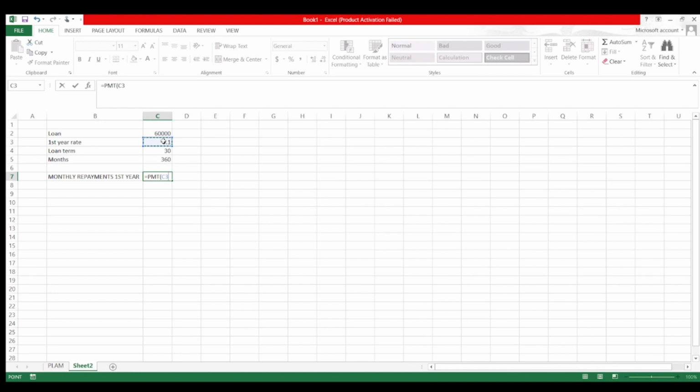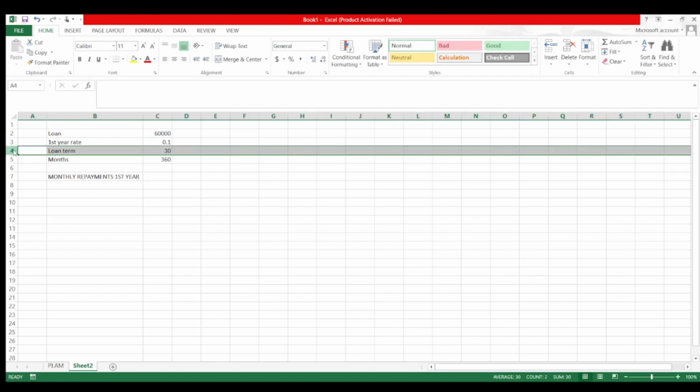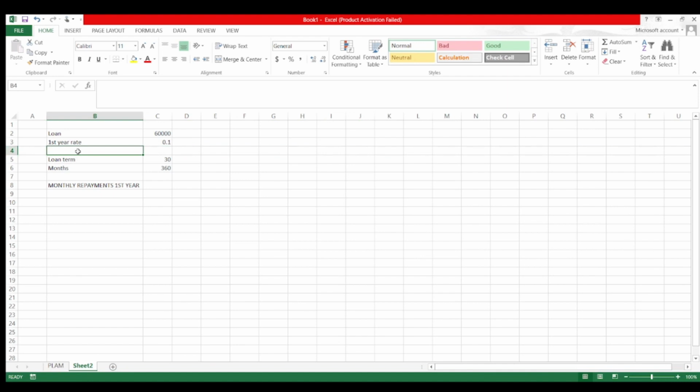Take the rate. First, we also need to note the monthly rate, since this is what we'll be using. So to get the monthly rate, we divide our rate by 12.